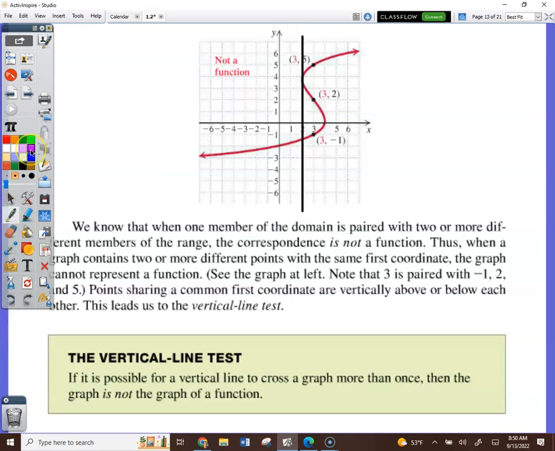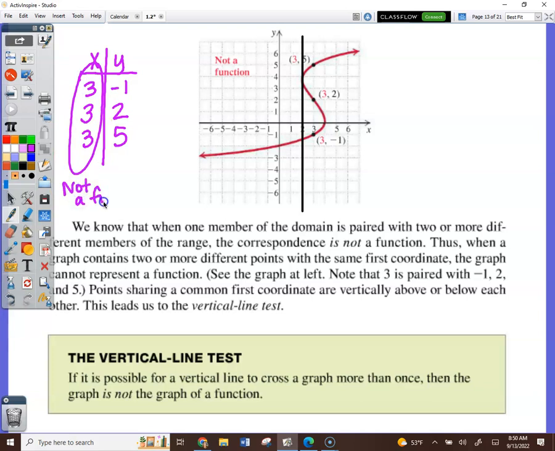To give you a visual, if we were to look at the T-chart of those points, we've got 3, -1, we've got 3, 2, and we've got 3, 5. So do you see how the x coordinates are repeating? And that's a problem. This means not a function.